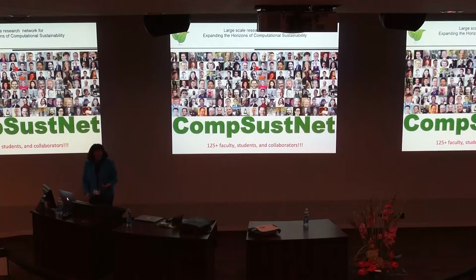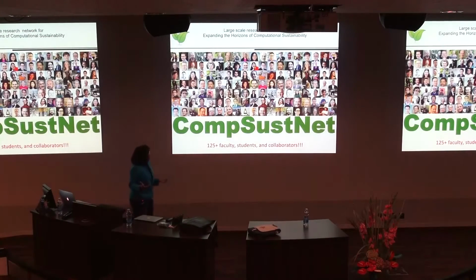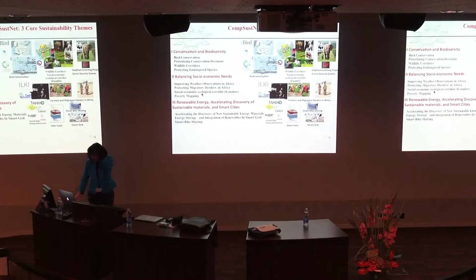So we have a large network, over 150 actually faculty, students, and collaborators. And some of the pictures here you again recognize, and we have actually international collaborators. I see Michaela there with the different hairstyles now, and other collaborators.